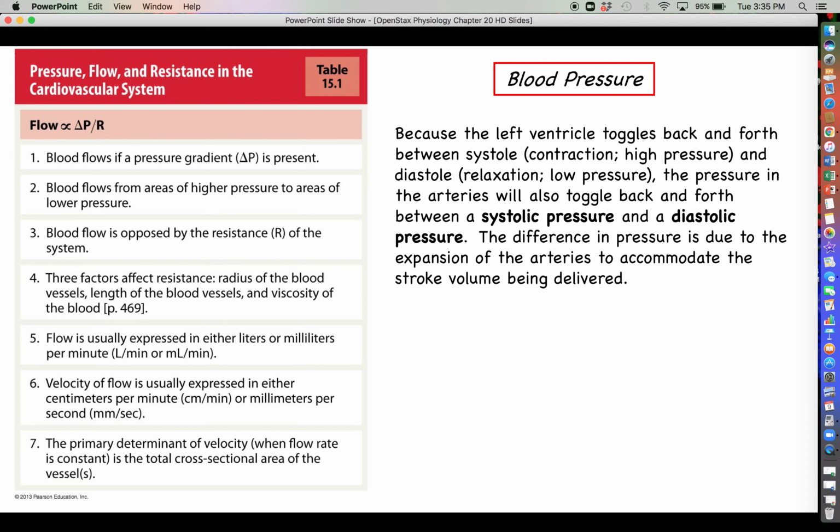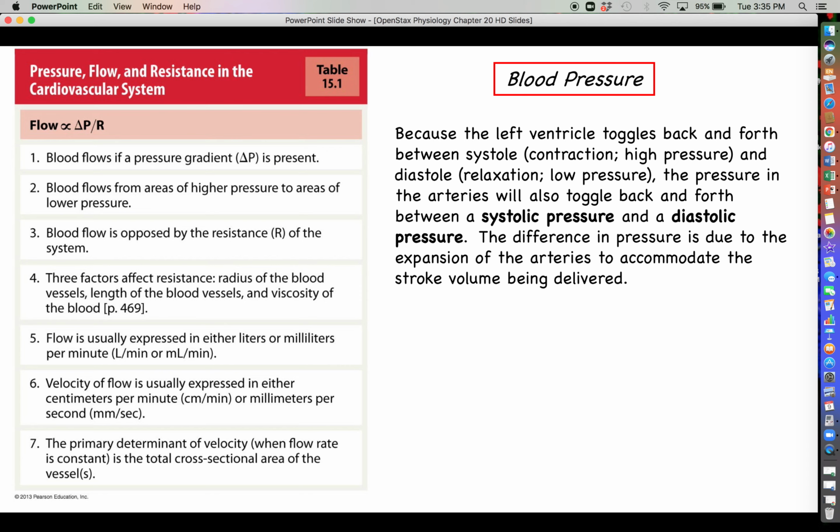I'm sure you're aware that there are two different arterial pressures. There's a systolic pressure, which is a high number, and diastolic pressure, which is a lower number. The reason for these two different numbers relates back to the function of the heart as it goes through each cardiac cycle.